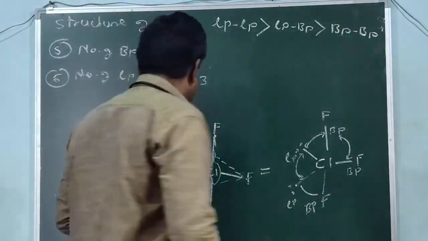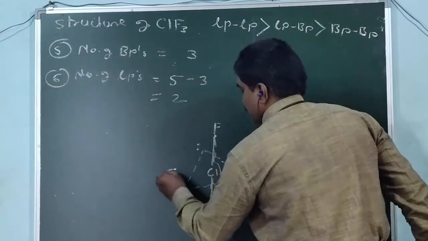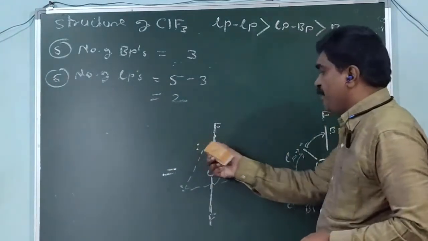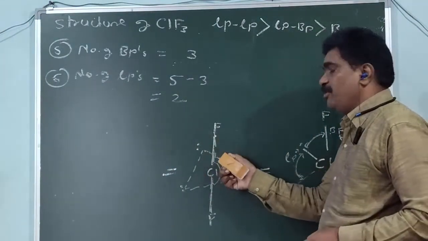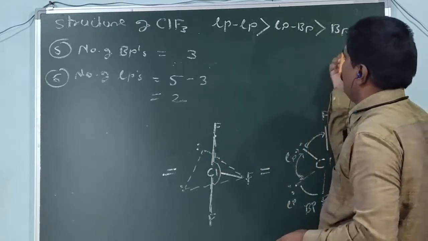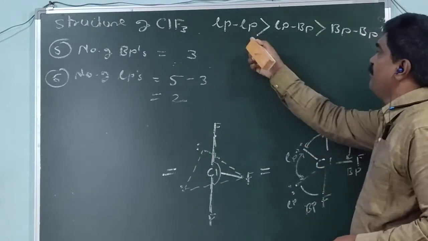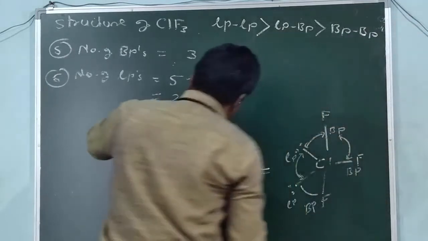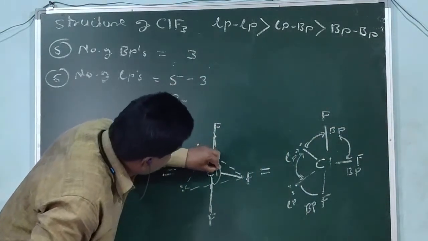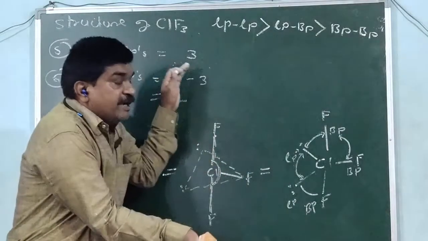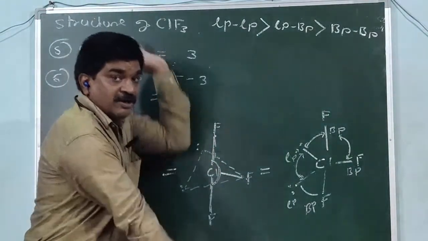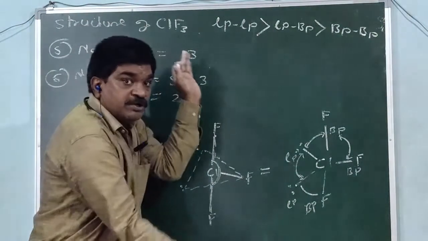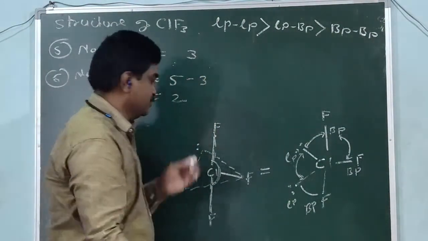Okay, how? Let's see here. Because the lone pair repulsion is greater than the lone pair bond pair repulsion, this angle no longer remains 180, but it gets converged, slightly converged.